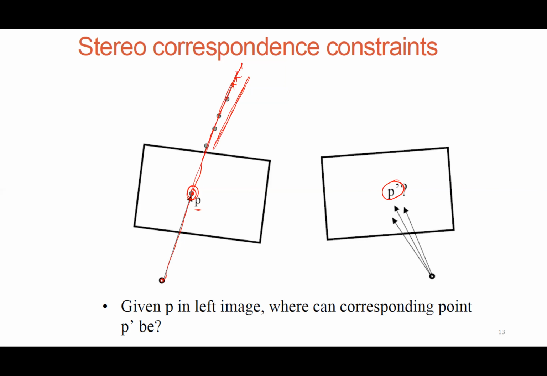When this is your center of projection, it won't be representing any points elsewhere; it can only represent one point here when you are projecting it. While I am looking for the correspondence of this point P, let me call that correspondence P prime. Can it lie anywhere in this image, or are there any specific regions where it is enough for me to look?